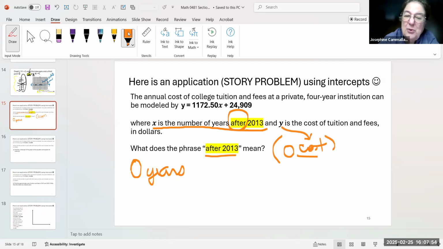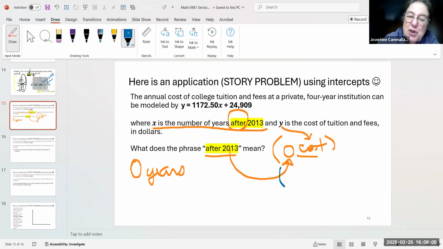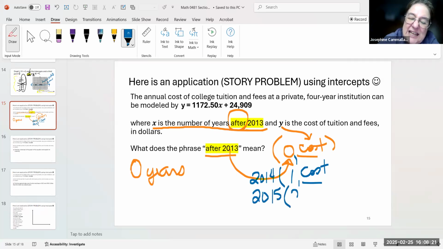This is the Y value. But this 0 represents 2013. If I talk 2014, the X value is 1 with the cost. If I talk 2015, it's year 2 with the cost.